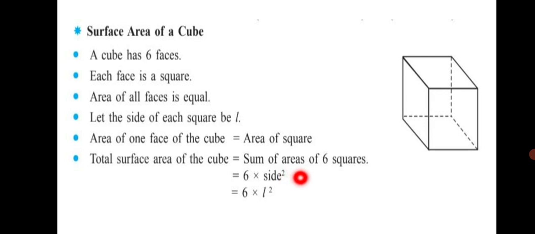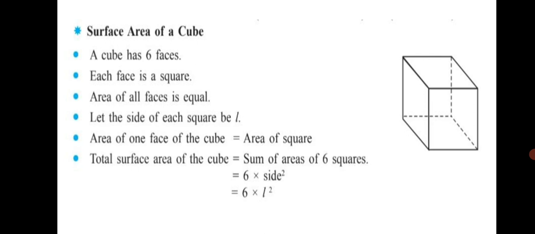And area is side square. So 6 into side square is a formula for surface area of a cube. And if we take the side to be L, then you can write it as 6 into L square, where L represents the side. So this way, we are going to use 2 formulas to solve this practice set.